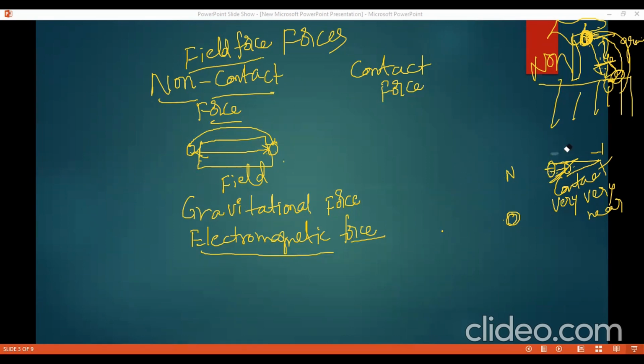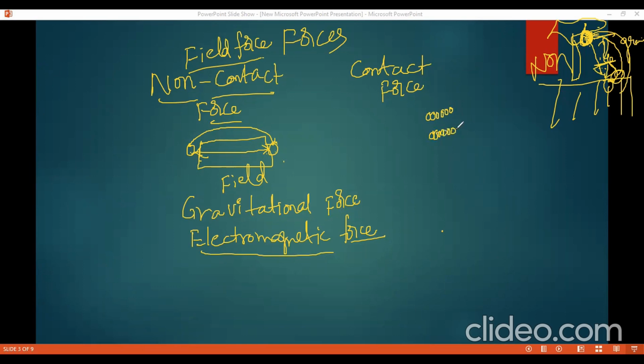Let us move to the contact force. In contact force, if you observe, these are forces between two bodies that are in contact, right? Take atomic molecular interactions. Atoms are very near, and molecules are closely packed in the case of solids, right?